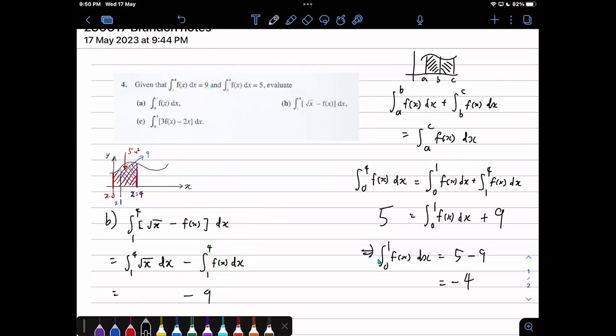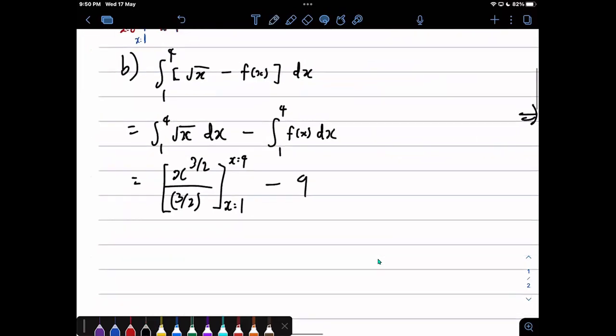So minus 9. Then this part, can you integrate? Can. Power half, add 1, you get 3 over 2. Divide by 3 over 2. Okay. Square bracket. X equal to 4, x equals to 1. Okay, good.